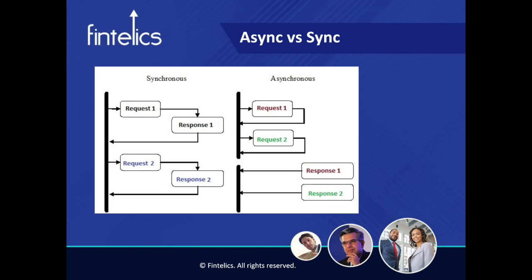For the asynchronous server, when both requests come in at the same time, it doesn't wait until the first request finishes. It immediately moves on to process the second request. After a certain period of time, it will respond back with the responses of both requests.